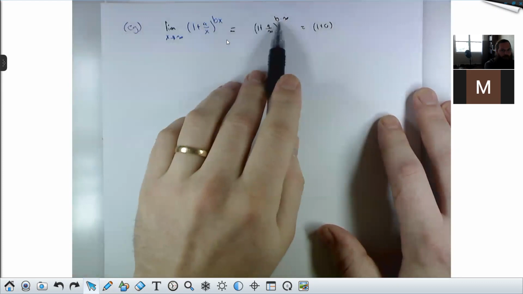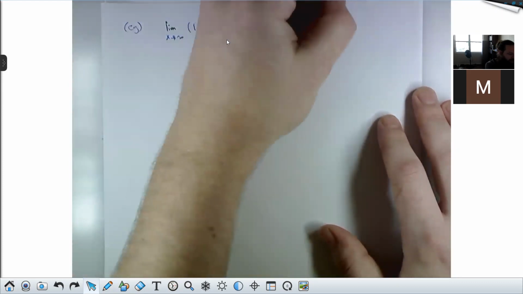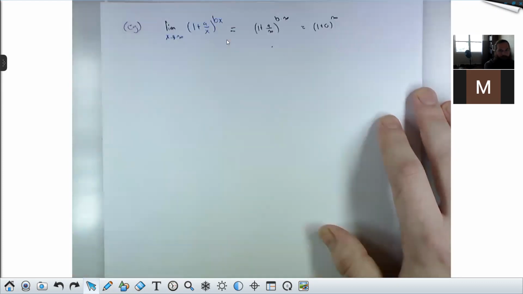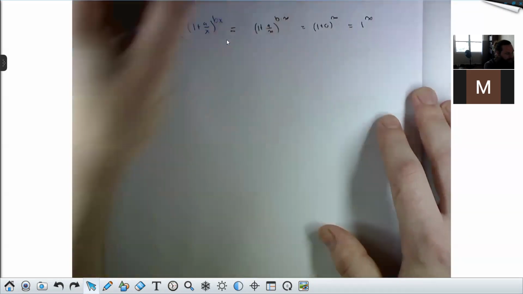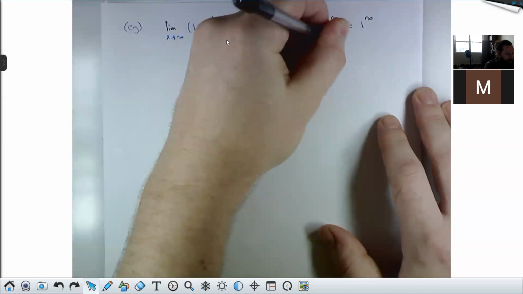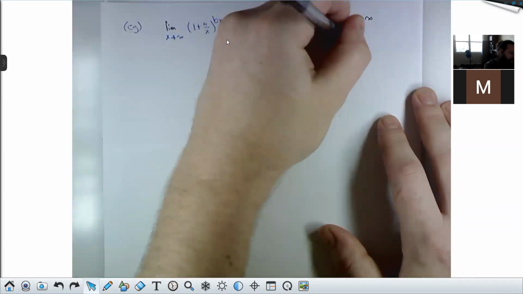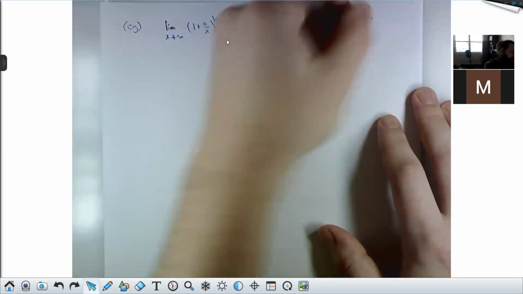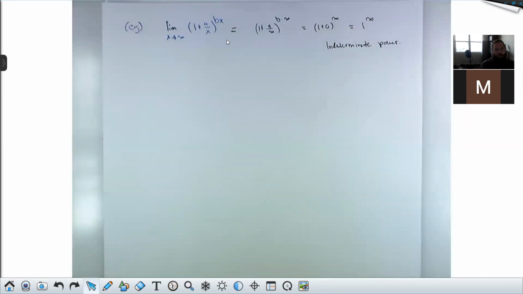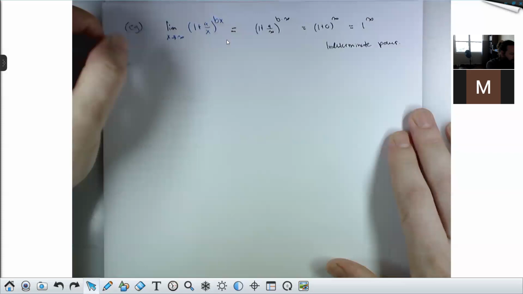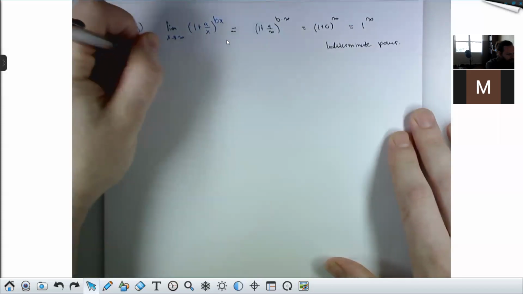Similarly, b times infinity for any constant b is going to be infinity. So this looks like 1 to the infinity, which is an indeterminate power.